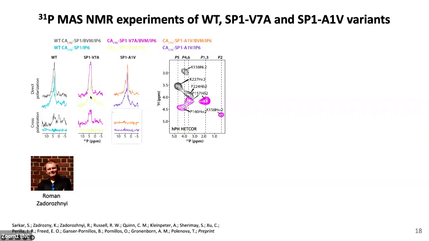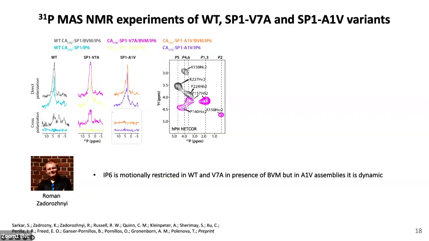And what does it tell us? It tells us that the IP6 is motionally restricted in both V7A and wild type, but IP6 is dynamic in the A1V assembly. So now we know that in both wild type and these variants, BVM governs the dynamics of IP6 in a very different way.